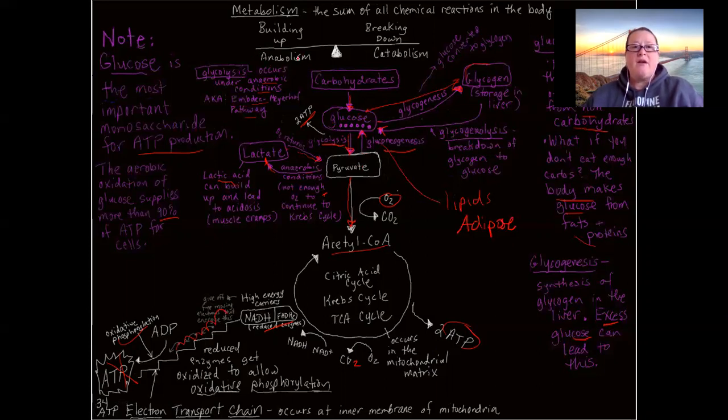So we have carbohydrate anabolism here, the building up of glucose into glycogen, of glucose turning into lipids. So glucose can get turned into bigger molecules, and it can also get broken down and enter the citric acid cycle.